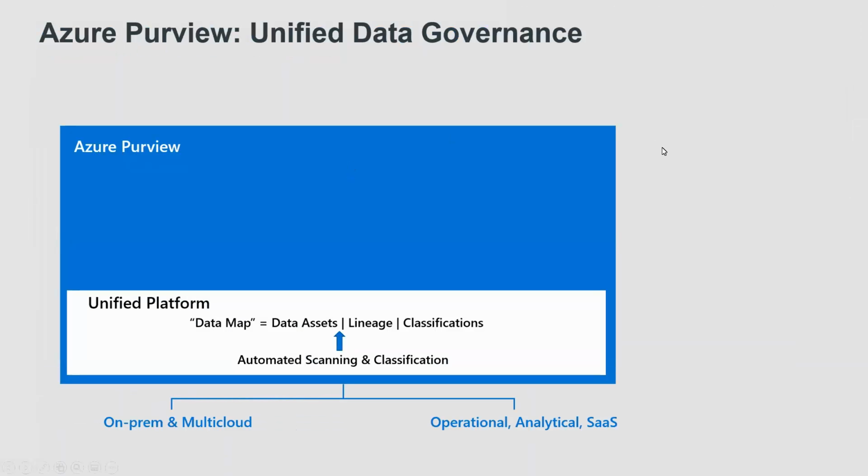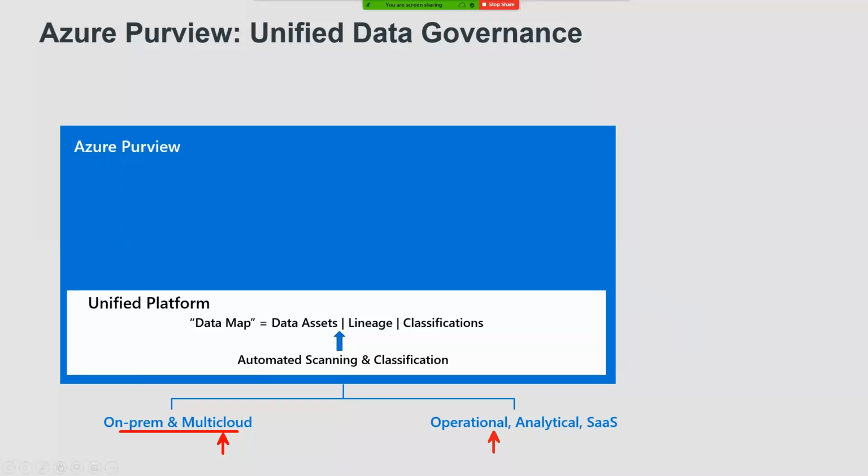So what is in there? Well, I've taken the slide from the Microsoft site. They call it unified data governance. And what is really needed? We need data sources, hybrid data sources. As I've said before, on-premises and cloud, and even multi-cloud data sources.